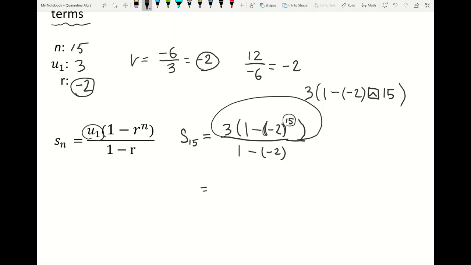And then you will just get the right answer for that numerator. Okay, so let's try that. You will get 3 times 1 minus parentheses negative 2 to the 15th power.